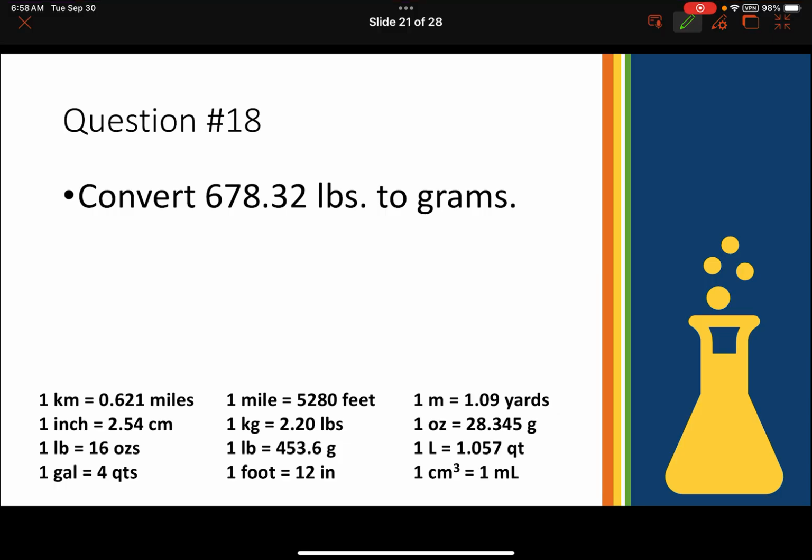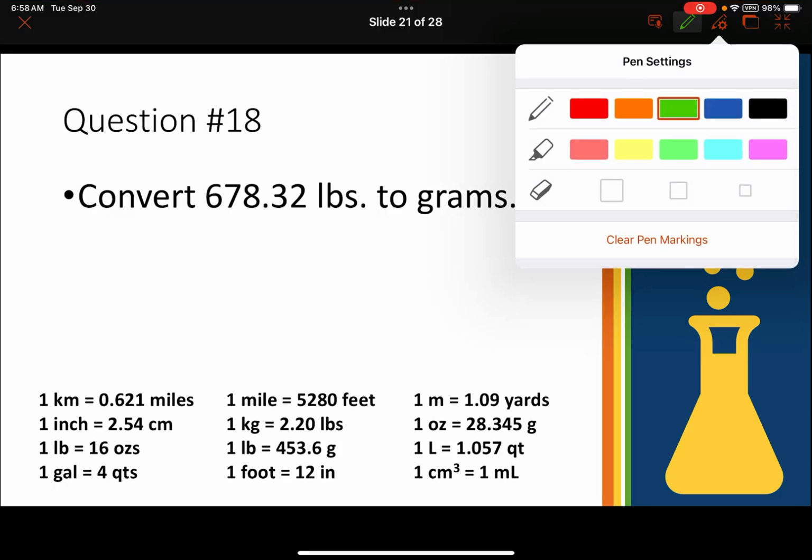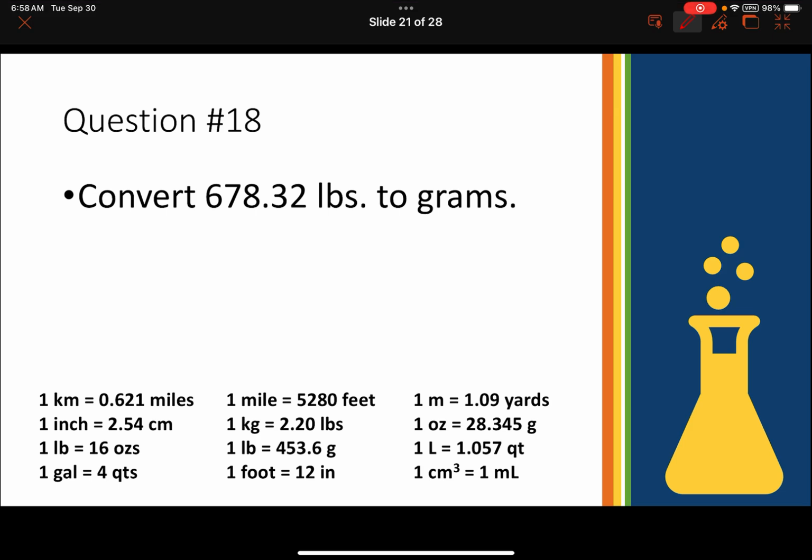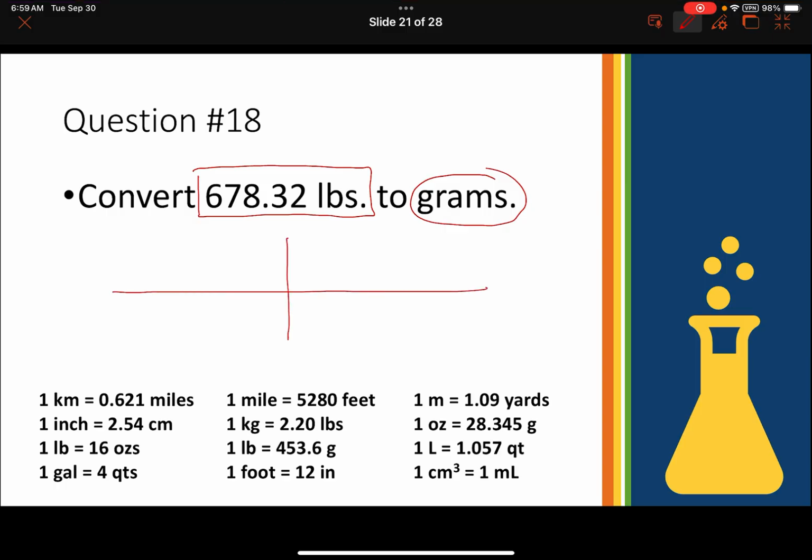Our next one, we have 678.32 pounds, and we're going to grams. So we're starting with pounds, and we're converting to grams. First thing you want to do, bring pounds down to the bottom.